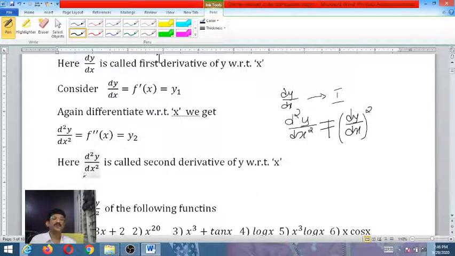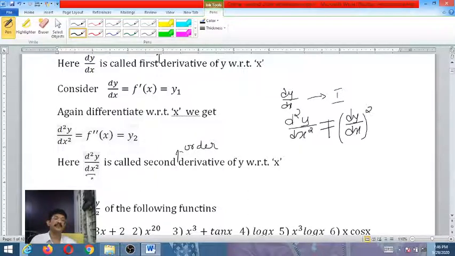So d square y by dx square is called the second order derivative of y with respect to x. Remember it. You can differentiate again if it is possible.